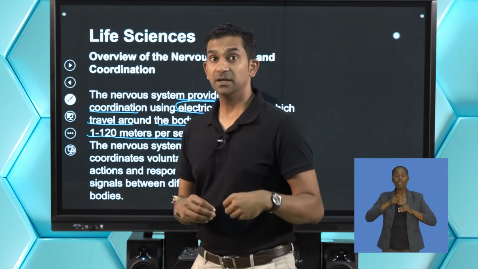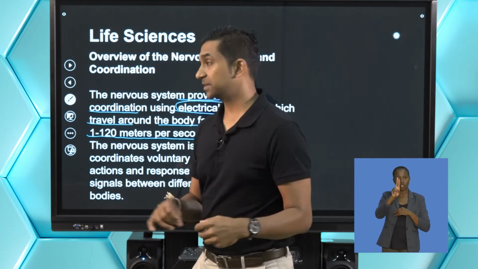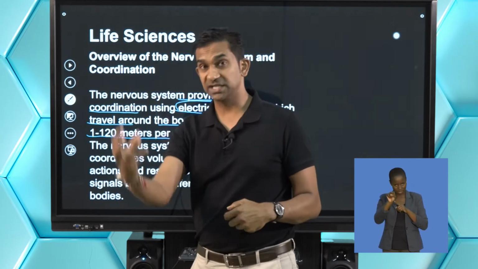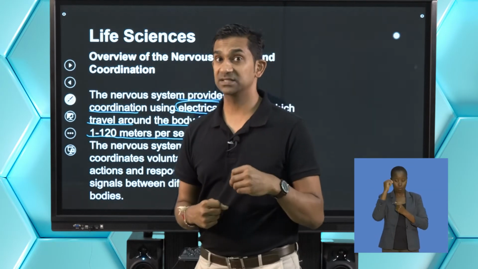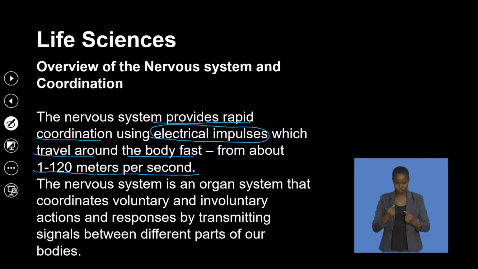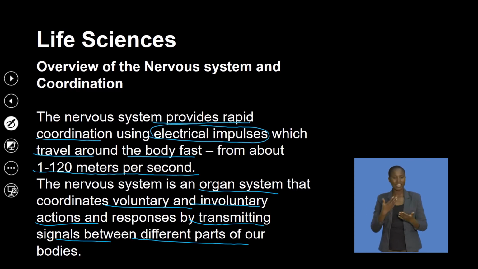And sometimes the fact that you can think about something and your brain processes that information speaks to the speed at which these impulses travel. So the nervous system is an organ system that coordinates voluntary and involuntary actions by transmitting signals between different parts of the body.